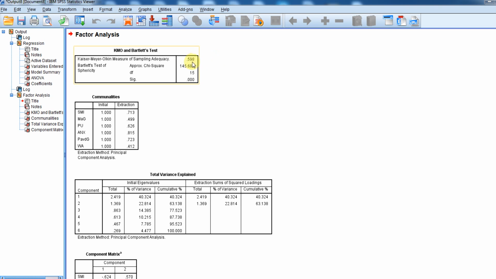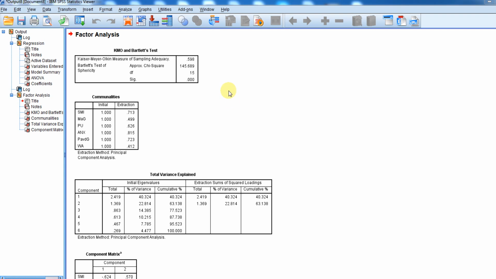We actually have somewhat of a low value here, roughly 0.6, which is not a particularly good indicator that our matrix should be factored.